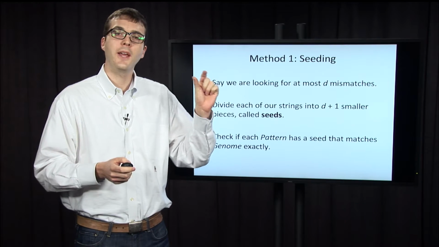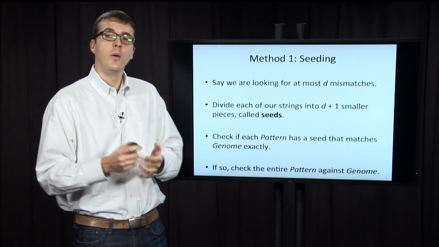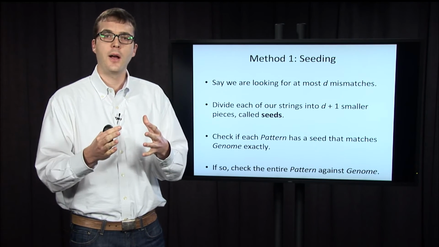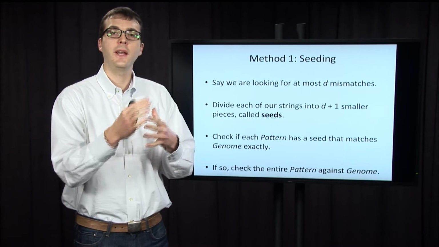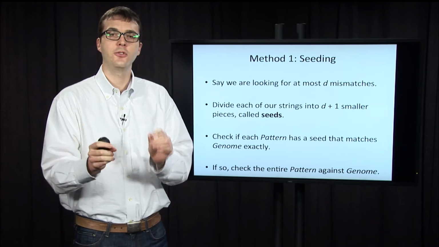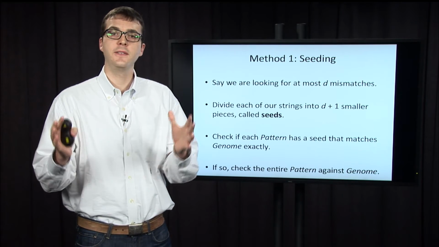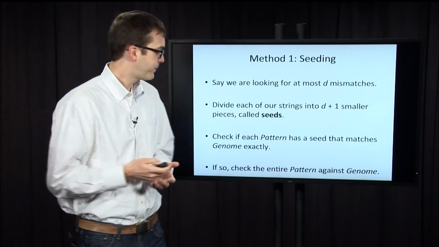Then you look for exact matches of those seeds with your genome. Once you find those exact matches, it narrows down what you have to consider a lot. So you can throw out a lot of your patterns and then look for inexact matches based off of those seed matches. If we did find a seed match, let's look at that location and count the number of mismatches that we see.